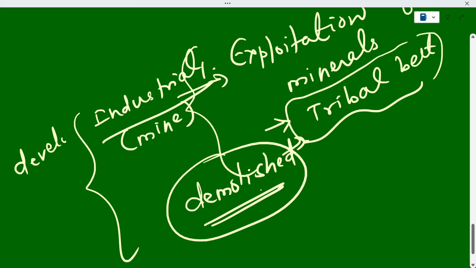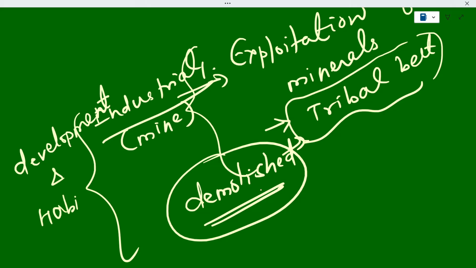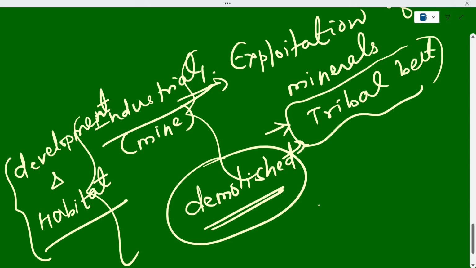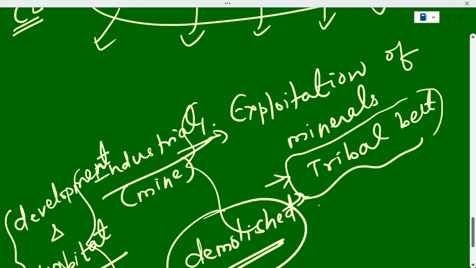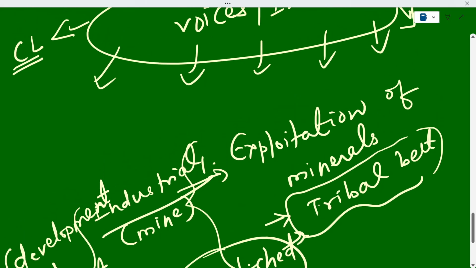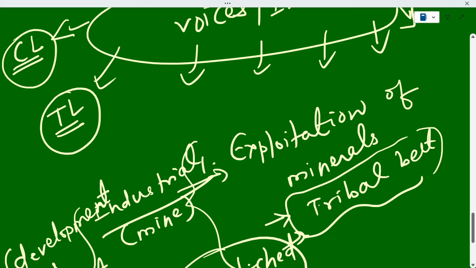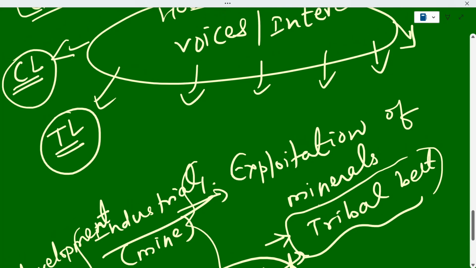One is development and the second one is habitat. And both of these voices will be represented in the parliament. So here I'll write a corporate lobby, those in the interest of mining those resources, and a tribal lobby, those representing the protection of tribal habitat. And then there will be a feminist dimension.